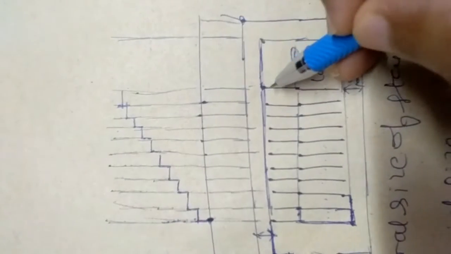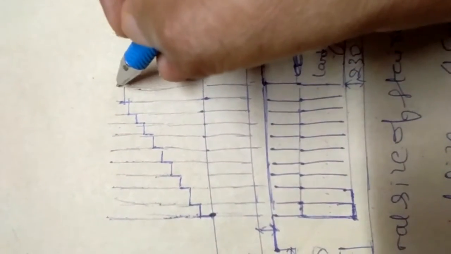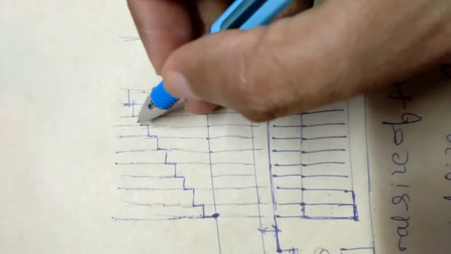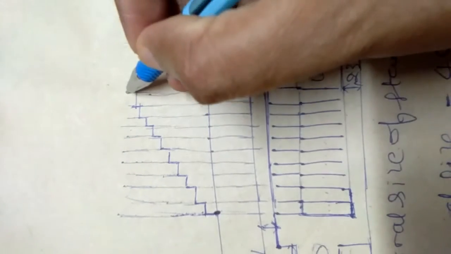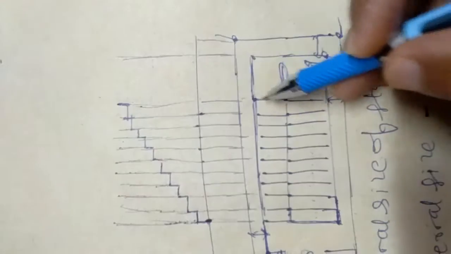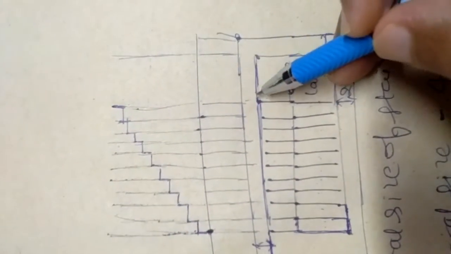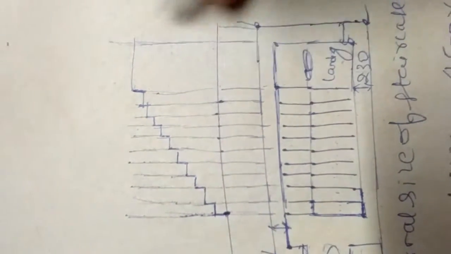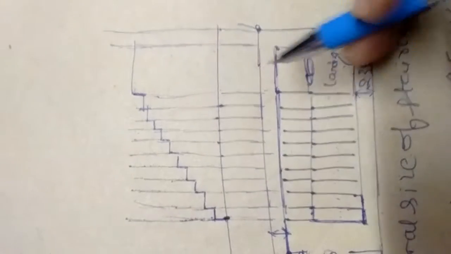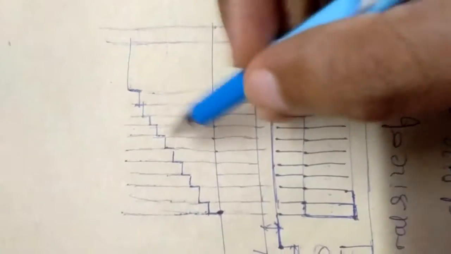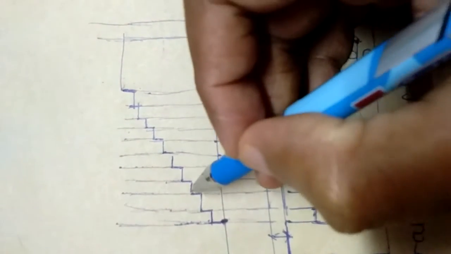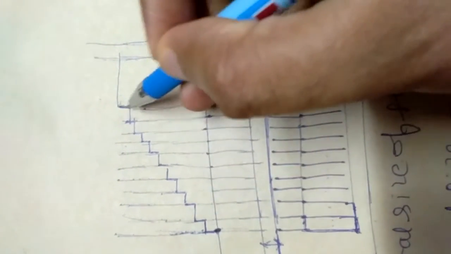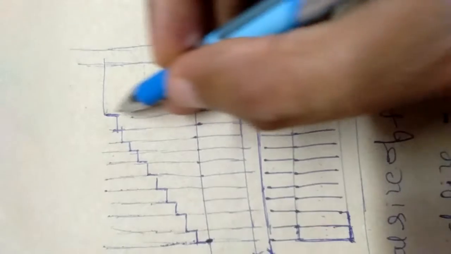So here, up to this line we have taken, and this line just take like this. Now there are 11 risers here if you can count. So 11 risers, from this line we have taken.